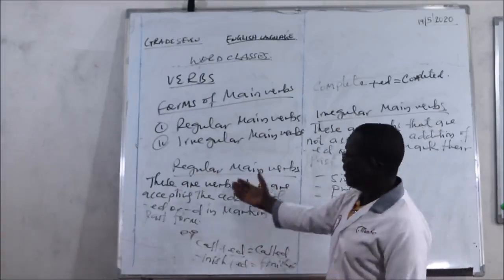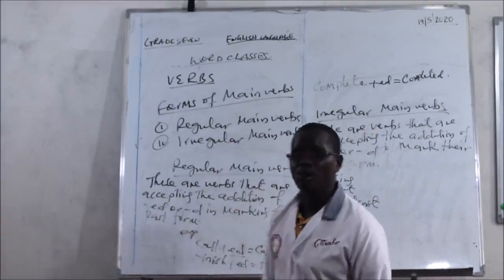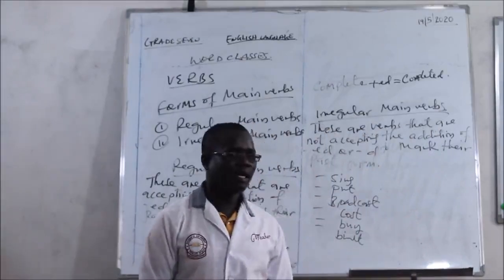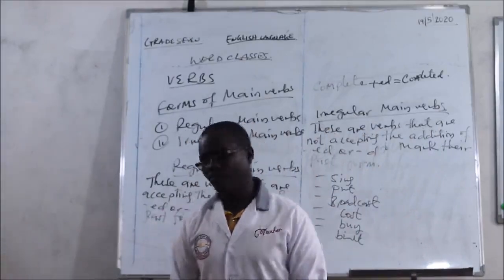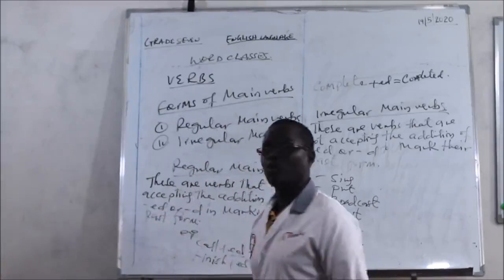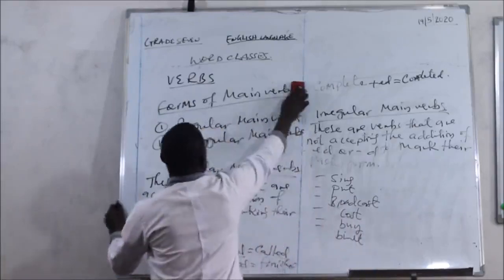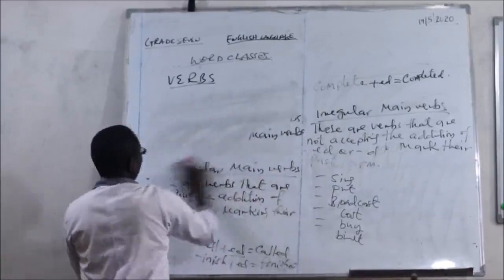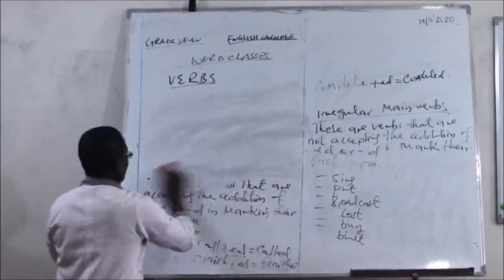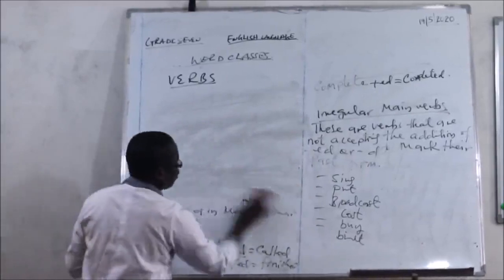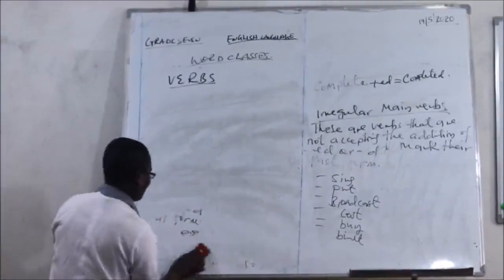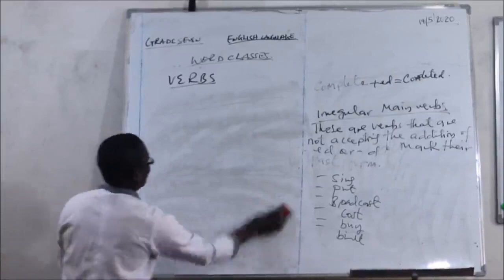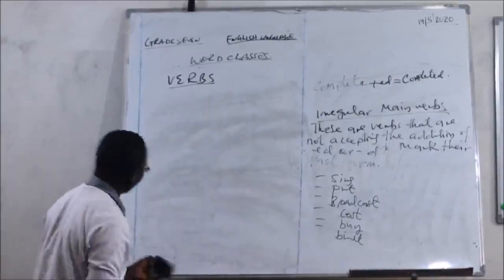Now up to here, everyone should be able to define the so-called verb and give the types of verb. To collect what we have just seen in a small and simple diagram, just consider this.